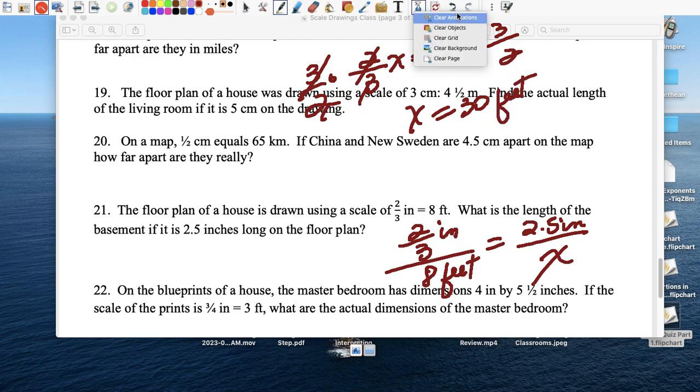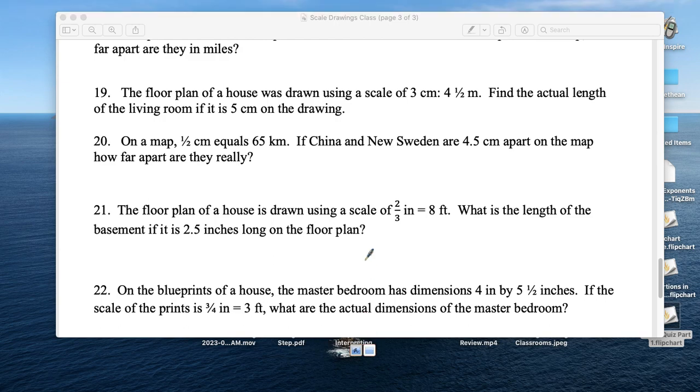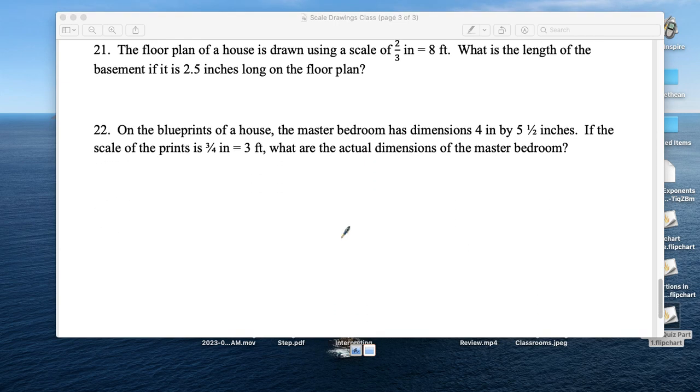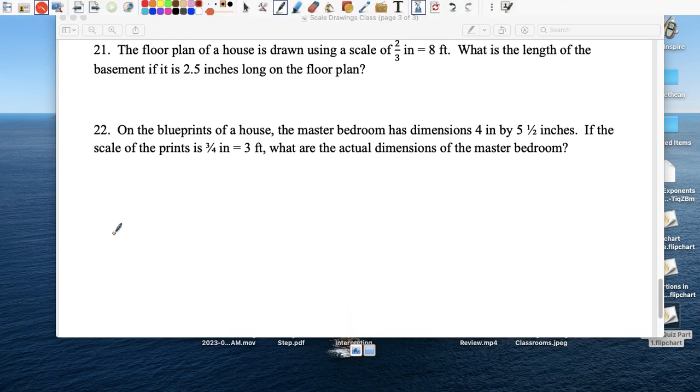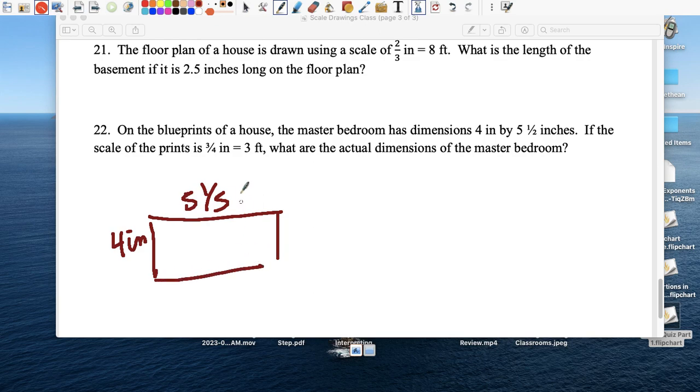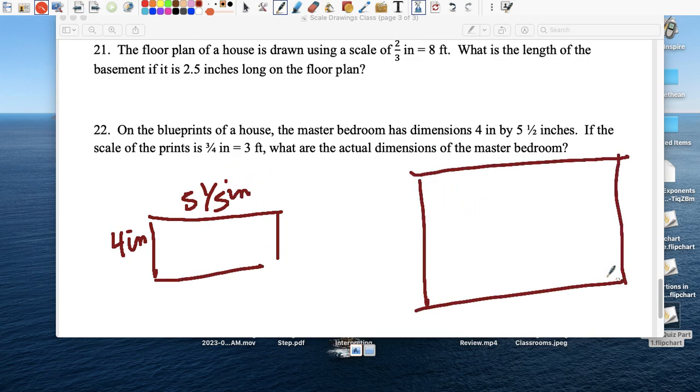Last question. The blueprints of the house. We have a bedroom on your drawing. It's 4 inches. This is 5.5 inches, right? So in real life, what is this in feet? And what is this in feet? So let's do the 4 inches first. So I'm going to write 0.75 over 3 feet.